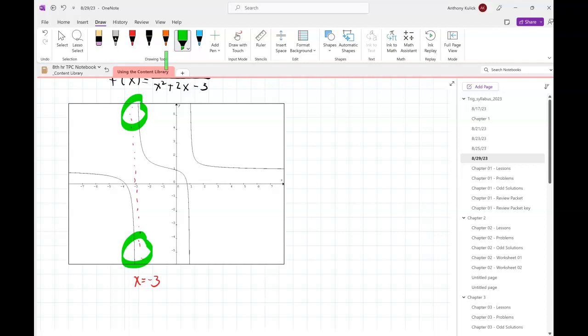Everybody good? Okay. I see another vertical asymptote at what looks like x equals 1. And then I see a horizontal asymptote at what looks like y equals 1.